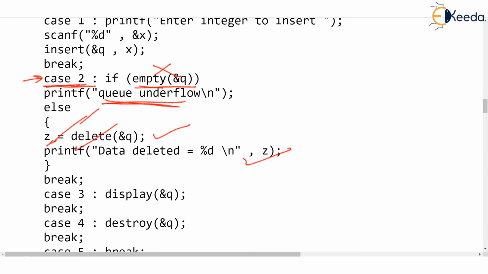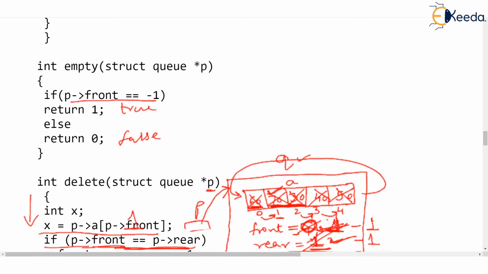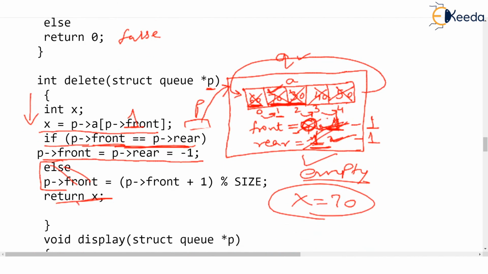Very interesting. How the circular nature of this particular queue can be seen even in insert and in display. And the magic was done by the percent operator, isn't it? As you saw, when rear was 4, 4 plus 1 became 5 and 5 % 5 has to be 0. So from 4, the counter went back from 4 to 0.